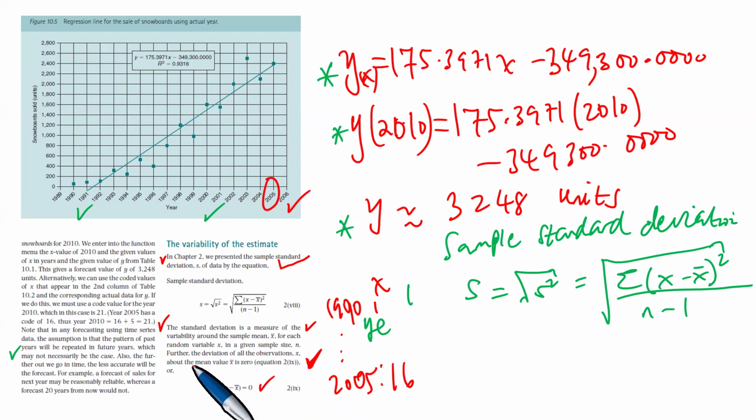Further, the deviation of all the observations x about the mean is 0.